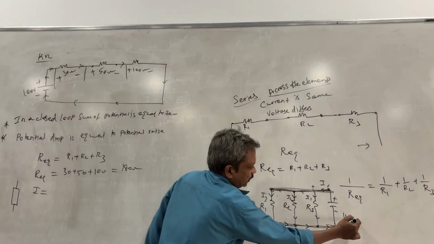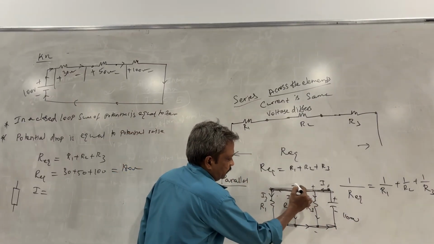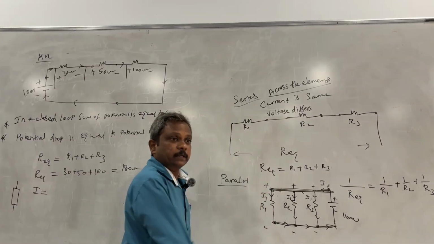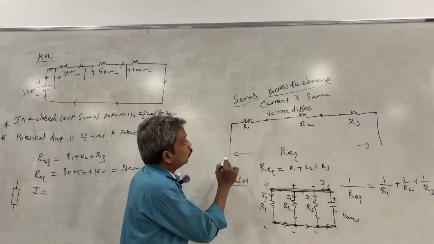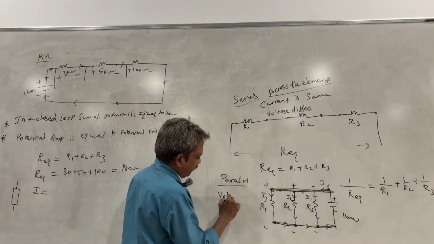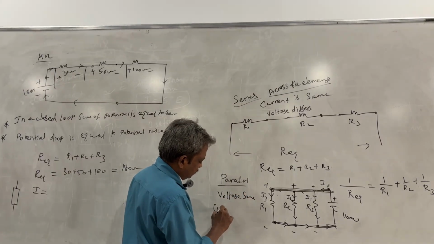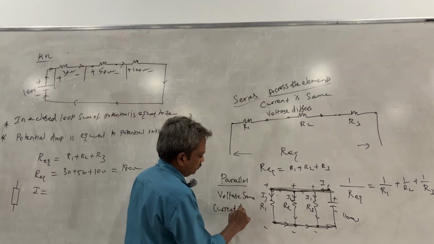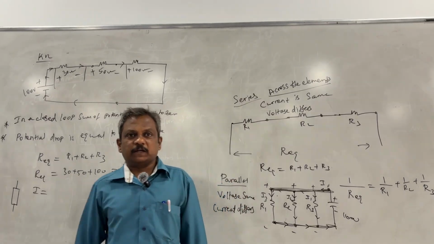If this is 100 volt, here also the same 100 volt will appear. Here also 100 volt. Current will be different. So in a parallel circuit, voltage remains the same, current differs. It's the very fundamental thing. Okay, you should not forget.